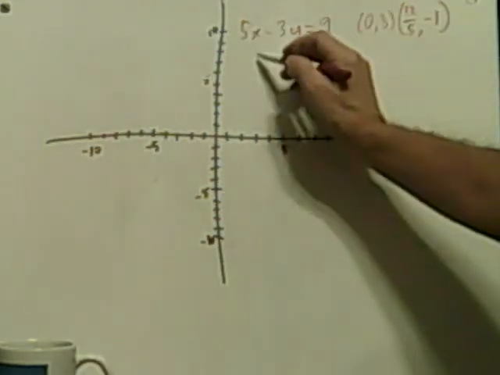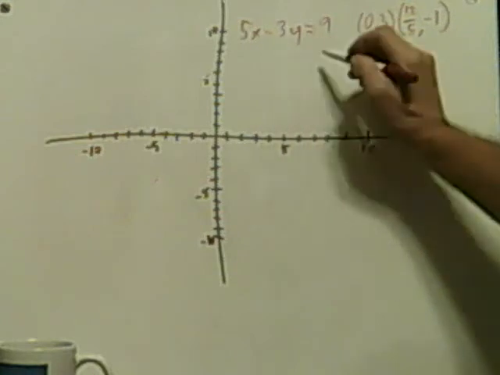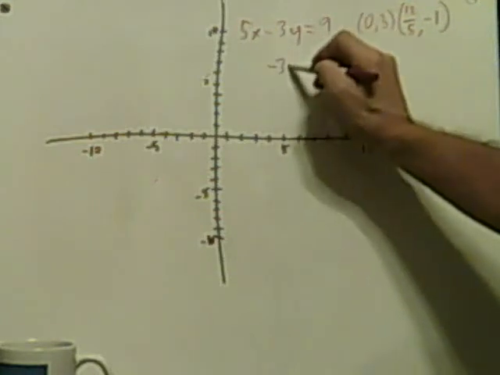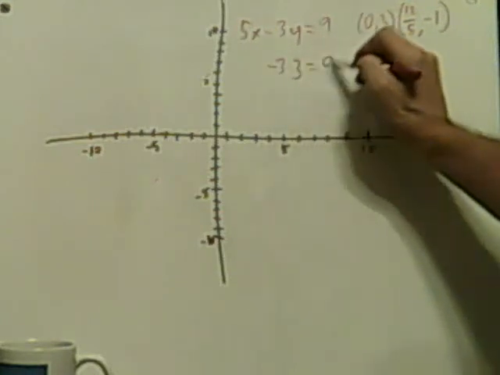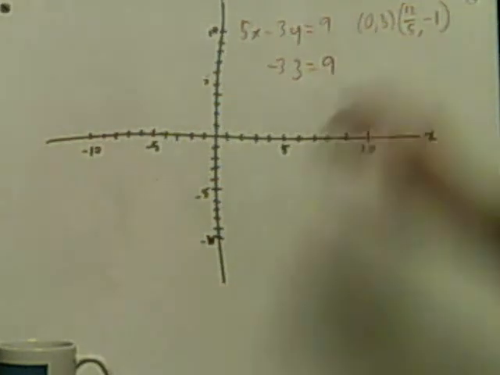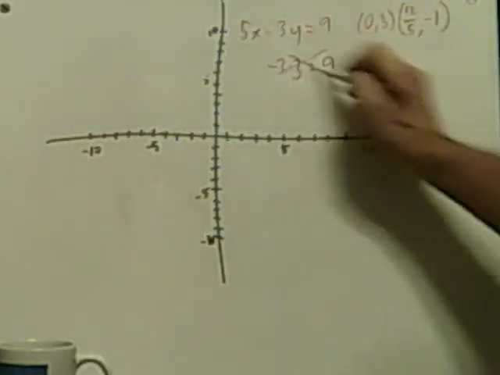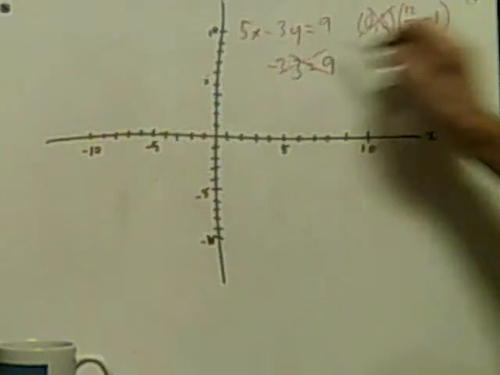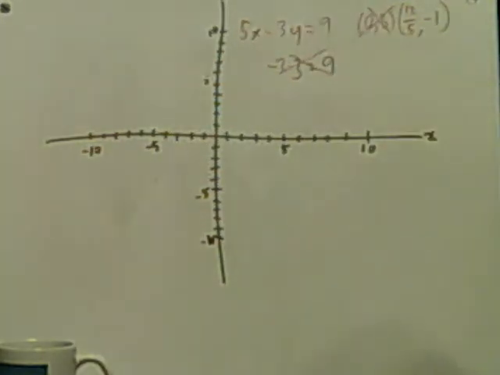So we put in 0 for x. We put in minus 3 times 3 equals 9. And that's incorrect. So this is not a solution to that equation. This is just by plugging it in and evaluating the expression. We can see that it's not a solution.